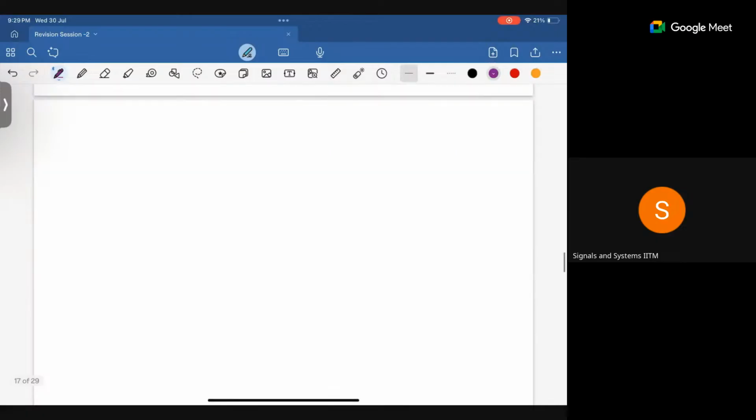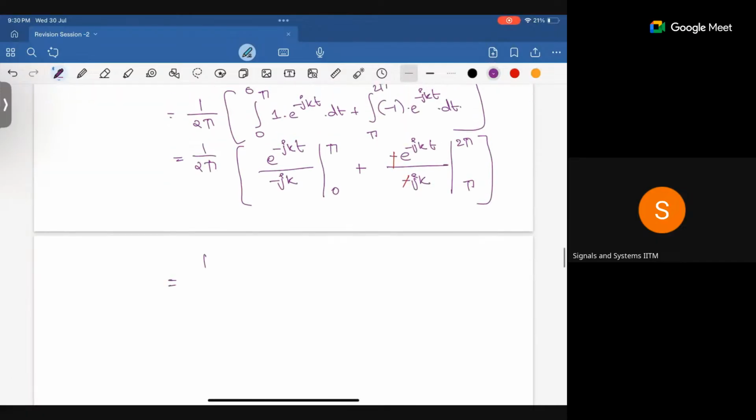And then we have this 1 by 2 pi outside. And this is e power minus j k pi. Right, I have to substitute pi in place of t, minus e power minus jk 0, divided by minus jk.